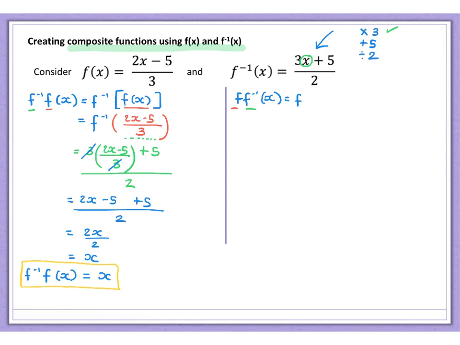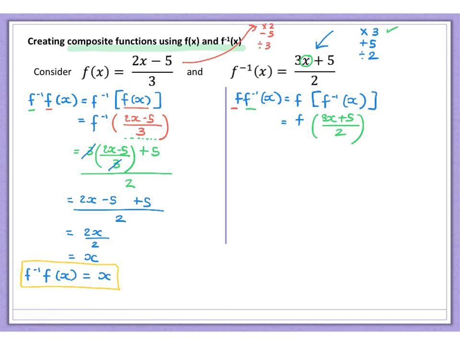So this is f of f⁻¹(x), which is f of (3x + 5)/2. So let's look at the function f(x). What does it actually tell us to do? It tells us to multiply by 2, take away 5, and then divide by 3.